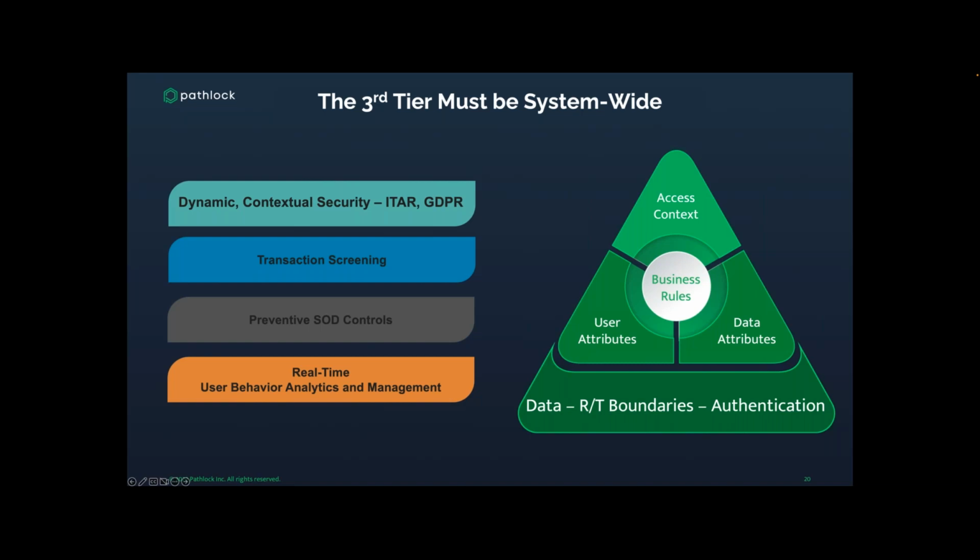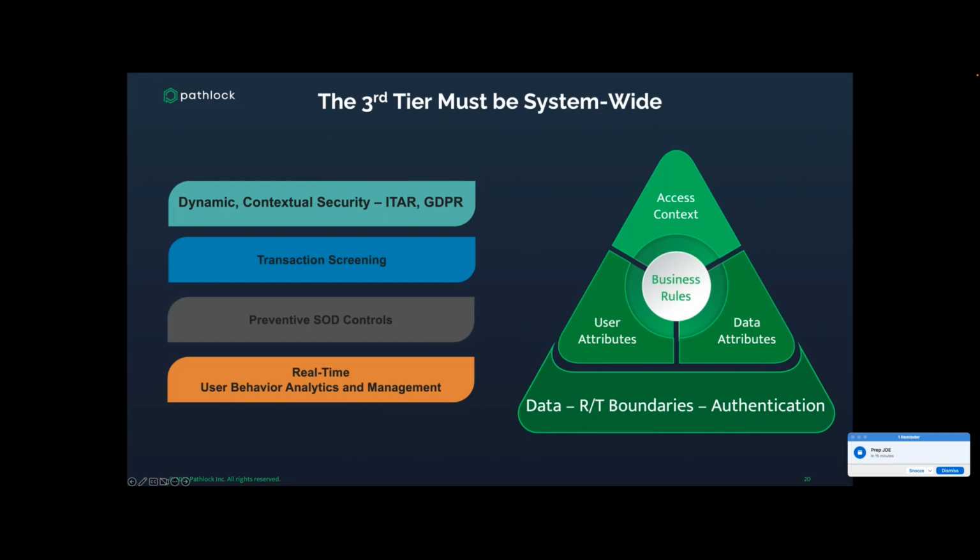But if they begin to exploit or abuse that privilege, how do I block them so that the violation doesn't have to wait until the end of the month before somebody runs the report and identifies it, so that it can be prevented in real time? And then how do I begin to pull in user analytics and the management of behavior?